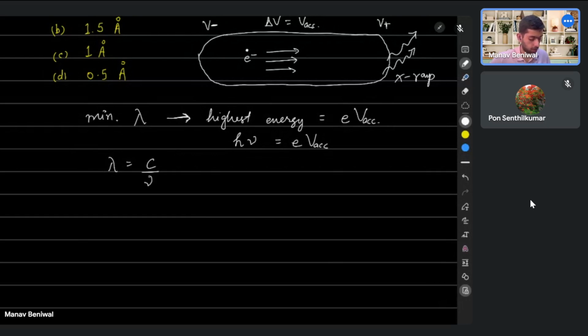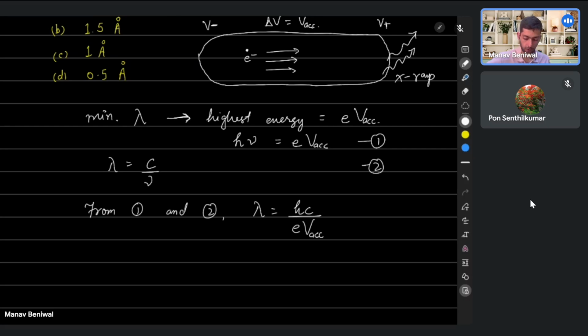So from 1 and 2, what we can write is, lambda will be this, right?